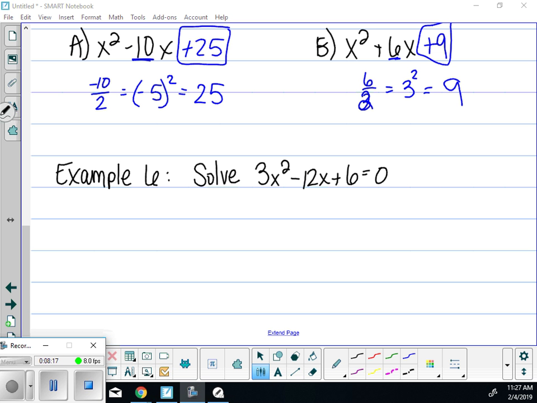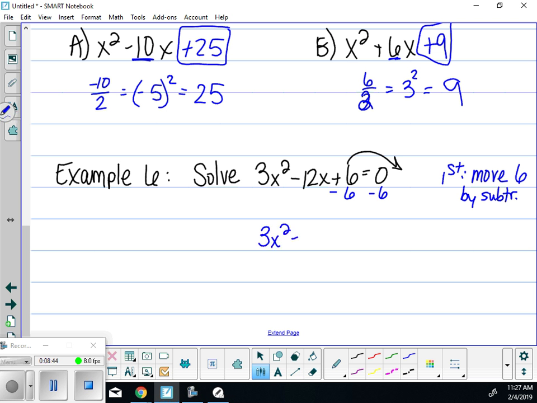First, move the number to the other side. In this case, subtracting 6, so I have 3x squared minus 12x equals -6.